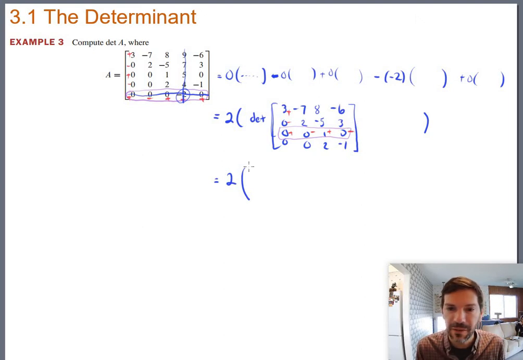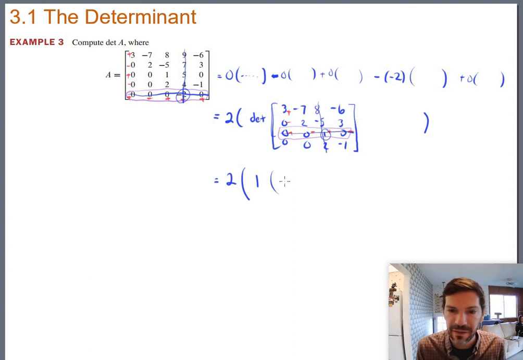So really it's going to be 2 times, there'll be some 0 terms, 2 times the only term that is non-zero here that I'm going to expand by, which is 1 times, and then since I'm using this one, it's the determinant that I get by crossing out that row and that column.